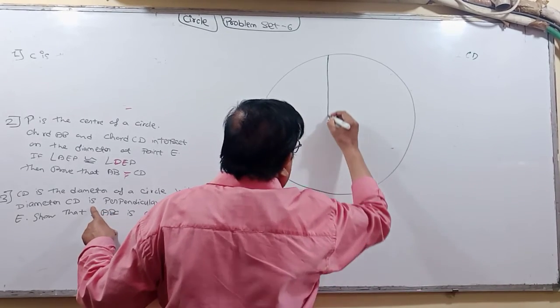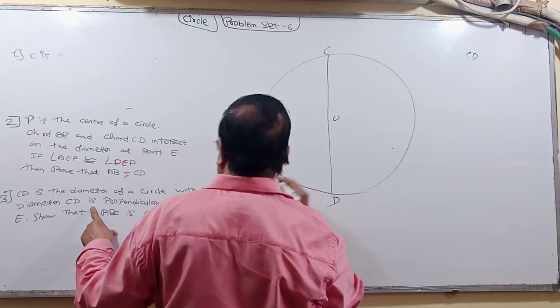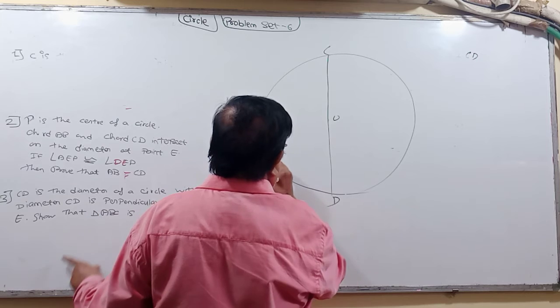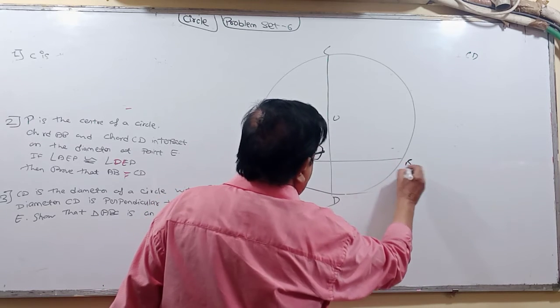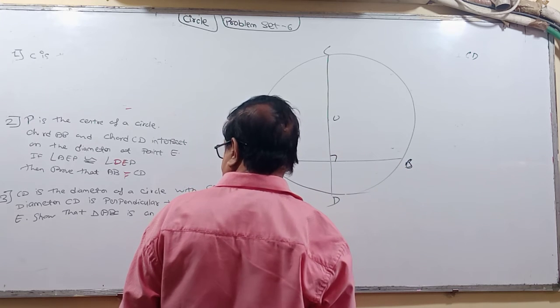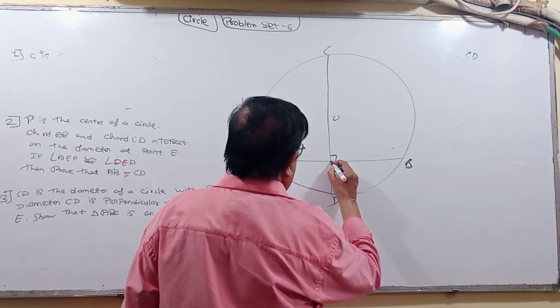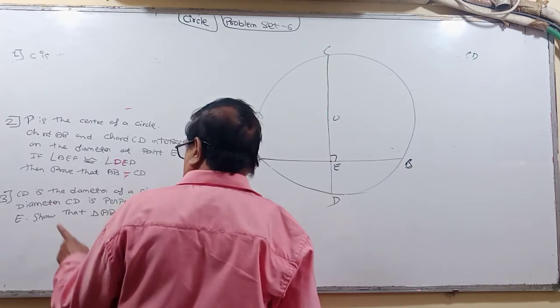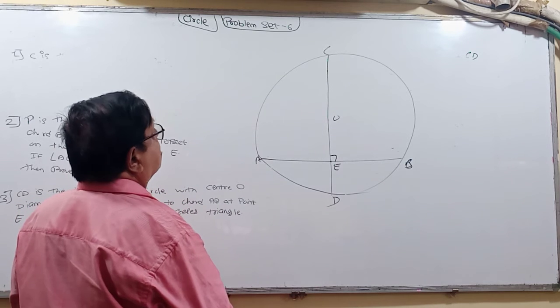So let us draw diameter CD perpendicular to chord AB. This is chord AB. Perpendicular is given, so this angle is 90 degrees. At point E.